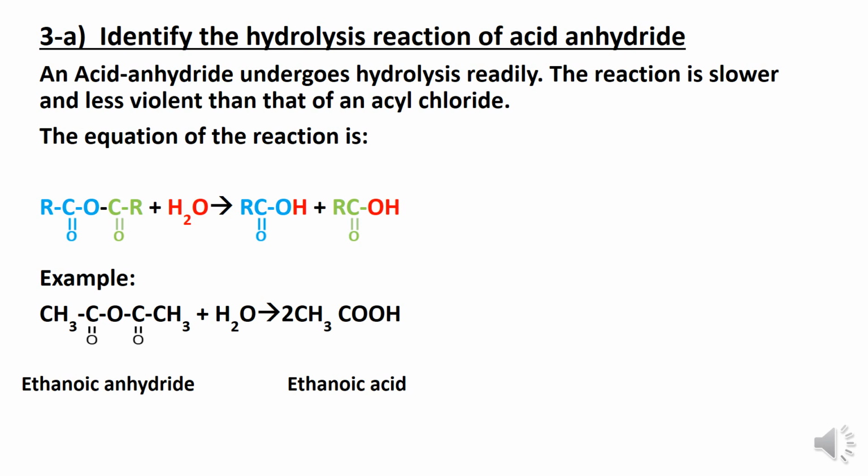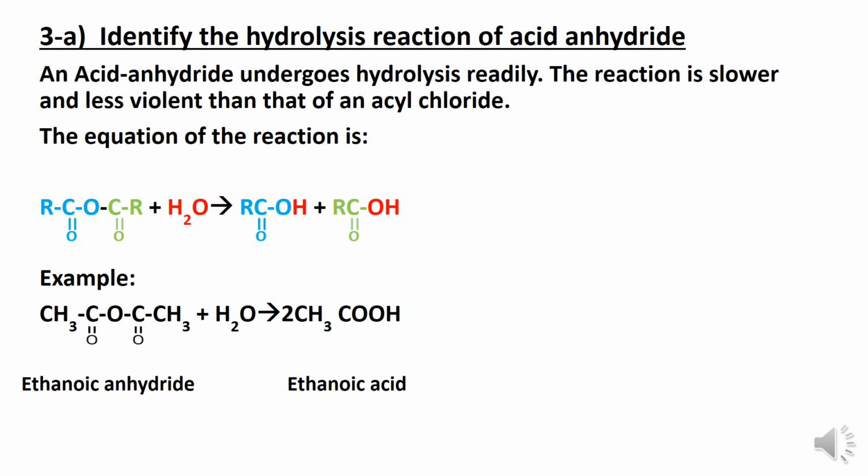So you will get 2 carboxylic acids. Example of hydrolysis of acid anhydride: you have ethanoic anhydride plus water, you get 2 molecules of ethanoic acid.